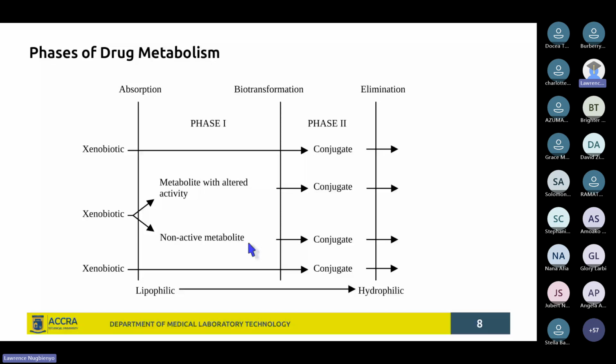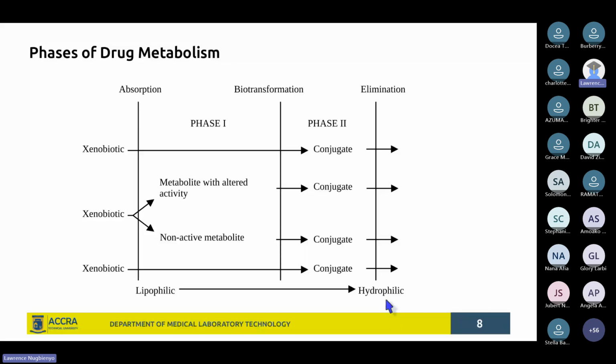Now, the main purpose of biotransformation mostly is the conversion of a drug substance which is lipophilic to be hydrophilic, because as I mentioned a lot of times, the internal environment of the organism is aqueous. And so if you have a lipophilic substance in the body, that lipophilic substance should be made more hydrophilic so that it can move freely in the aqueous environment.